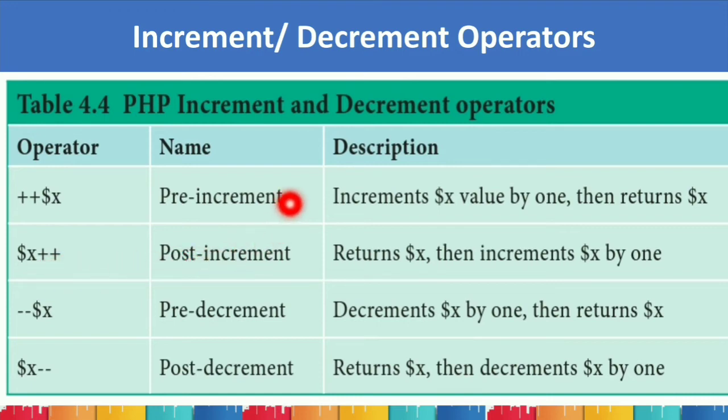And yes, there is a difference in calculation. Pre-increment will increase the value by 1 and then it returns. Post-increment returns the value of the existing variable and then it increases by 1. And the same logic for decrement. Only thing, we have to decrease the value.